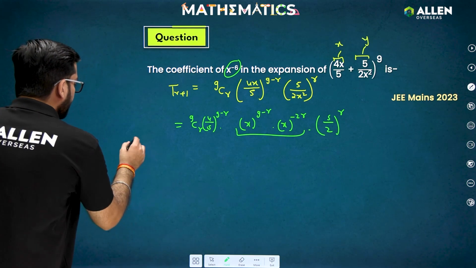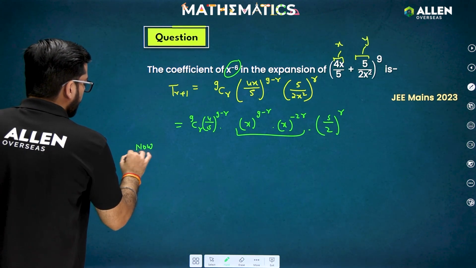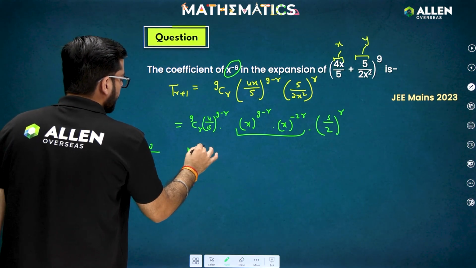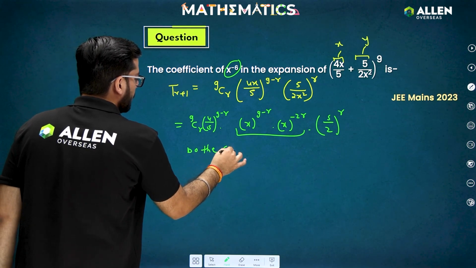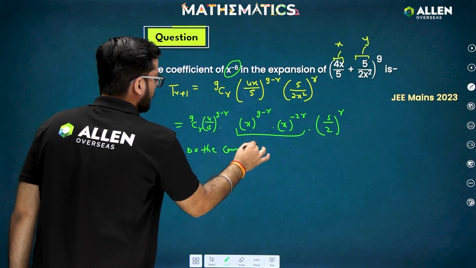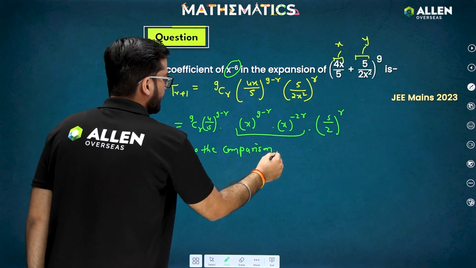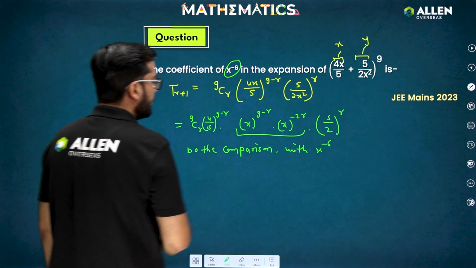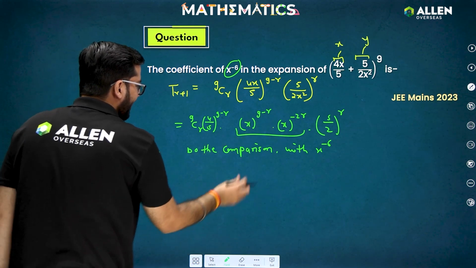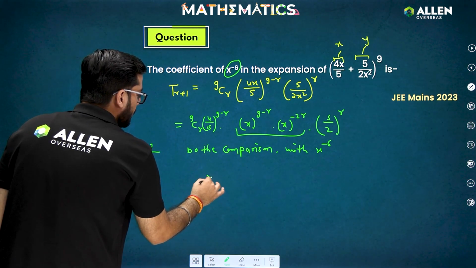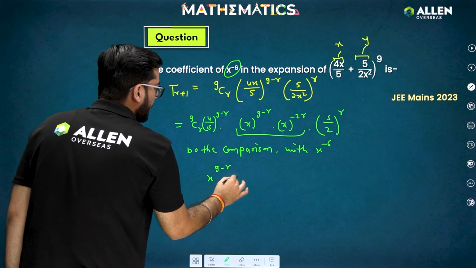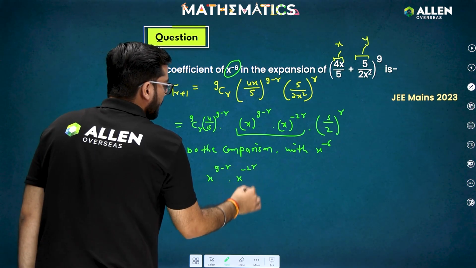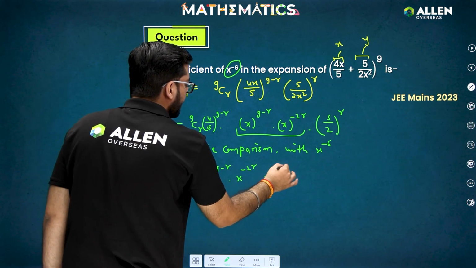So now do the comparison with x raised to minus 6. When I do the comparison, I will get x raised to 9 minus r into x raised to minus 2r, compared with x raised to minus 6.